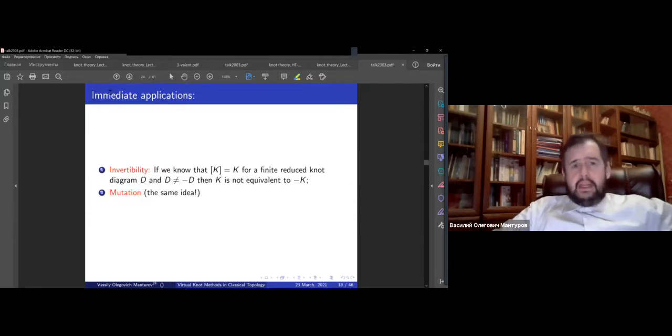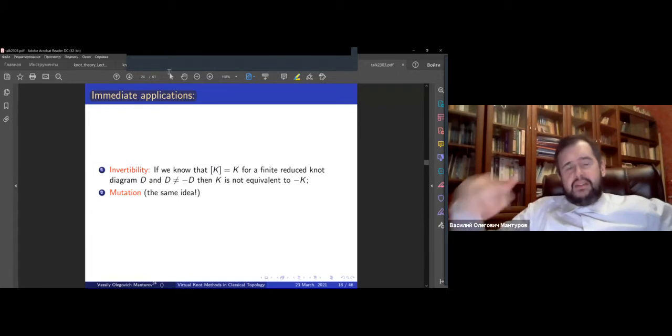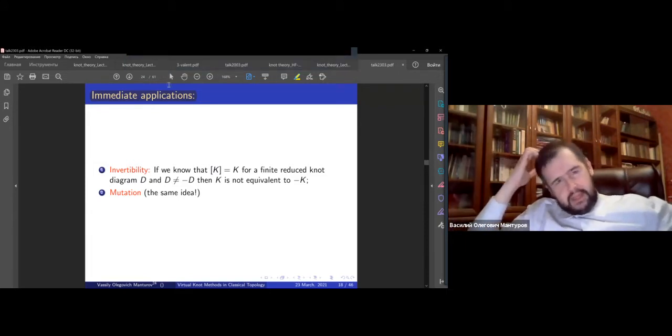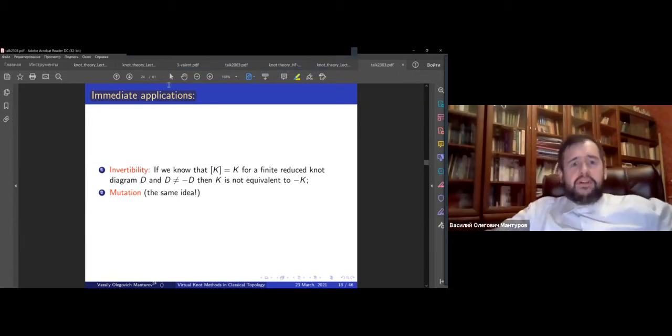So now about immediate applications for free knots, which come for free. For free knots, and of course for virtual knots, because free knots are just a complete simplification of virtual knots.